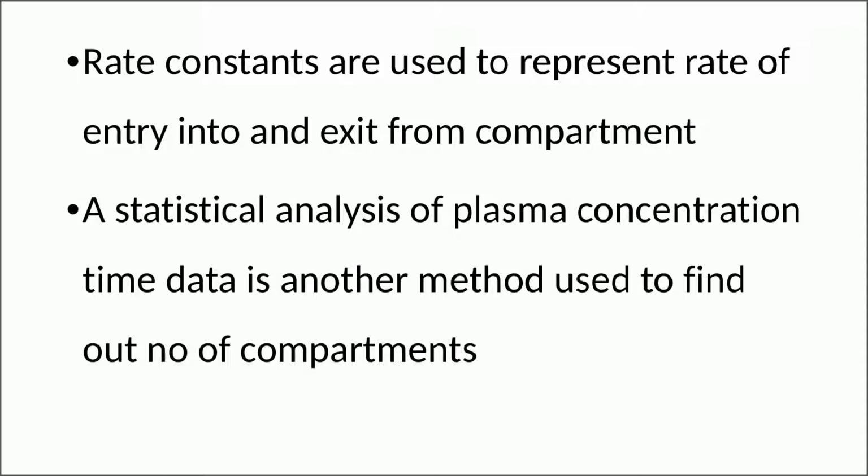So the speed at which the drug is entering into a particular compartment and the speed at which it exits from that compartment. A statistical analysis of plasma concentration time data is another method used to find out the number of compartments. So if you want to see how many compartments are there, then you can go for a statistical analysis of plasma concentration of drug.